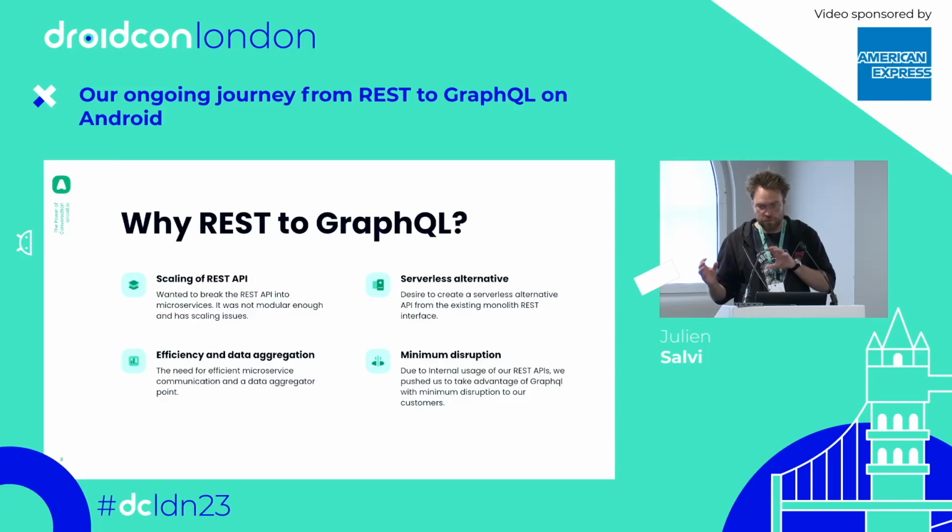And while moving from the big REST monolith to the new solution with GraphQL, we wanted minimum disruption for our clients. Due to the intensive internal usage of our REST API, we designed the thing to take advantage of GraphQL with minimum disruption for our customers.